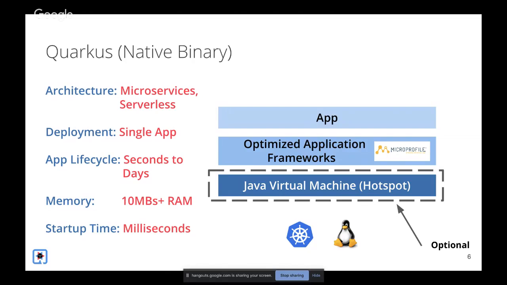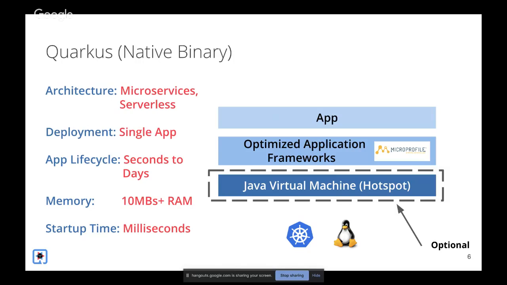So what we're talking about here is if I'm specifically targeting microservices in a single app stack, that's where we're looking at something like Quarkus, where I can take these applications and these frameworks and build them with the understanding that it's going to be deployed to a Kubernetes Linux container-based environment, and that's those 2 icons that you see under the stack. That's the new target environment that organizations are deploying to, and so Quarkus specifically targets Kubernetes and containers.